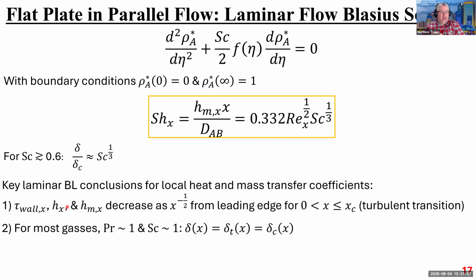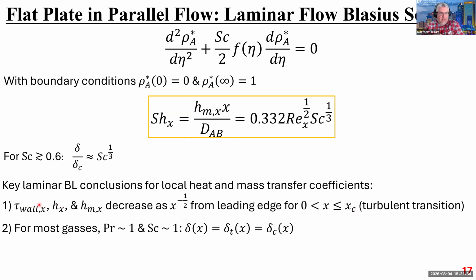Shear at the wall, the mass transfer and heat transfer convection coefficients all decrease as x to the minus 1/2 from the leading edge, for 0 to x sub c, the critical location, critical Reynolds number, where we transition to turbulent flow, right? So this is the trend at which all of these change.